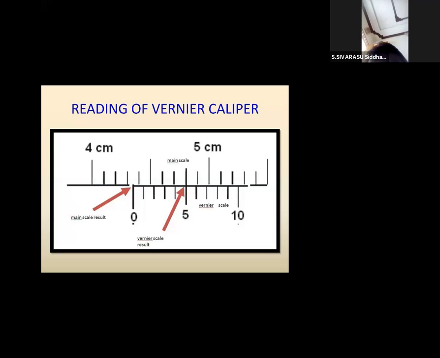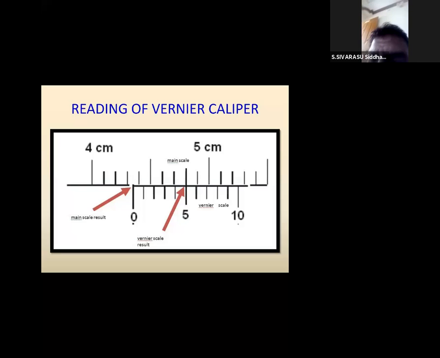Now you see this in the diagram. First, on the upper side there is the main scale, and down there are the vernier scale divisions. Now see where the vernier scale 0 is. Now you can look at this figure. There is 4 centimeter, that is 40 mm.